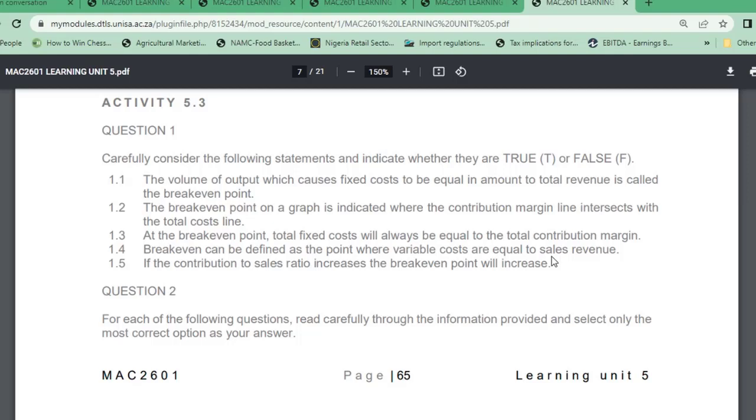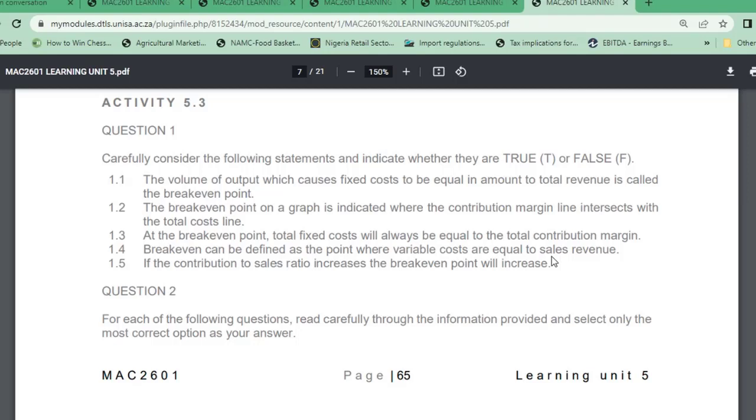Meaning, if your sales increase, your variable sales will also increase, right? So if they do increase, that means there's a larger portion of our contribution that is available to cover our fixed costs. So as a result, our break-even will be lower.